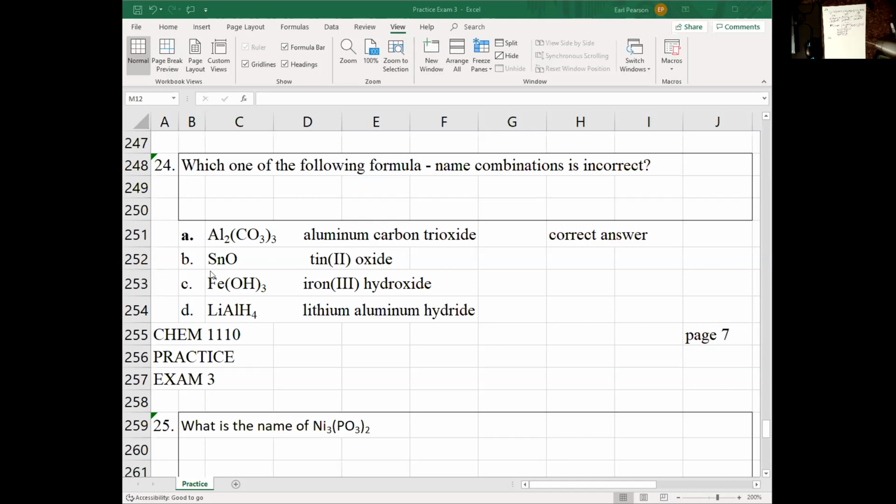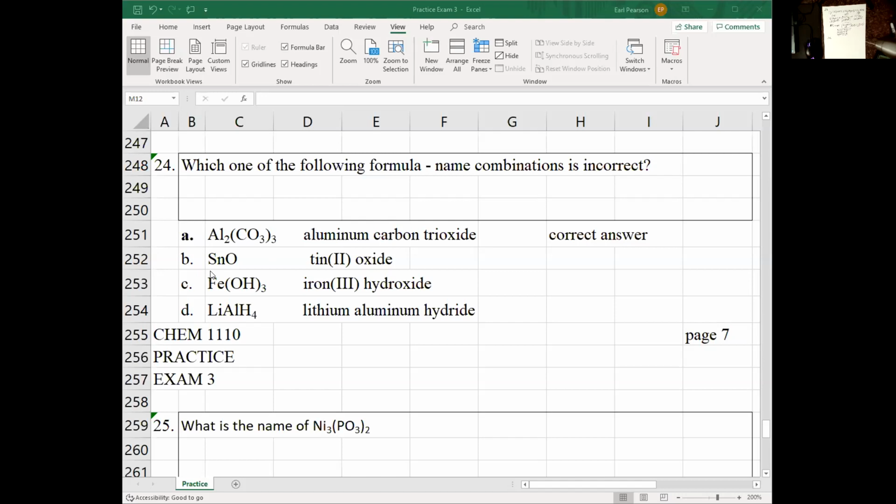Tin in combination with oxygen. Oxygen is -2. That means tin is +2. So the correct name is tin(II) oxide. That is correct. The third one is a hydroxide, and hydroxide is -1. There are 3 of them, so the iron is +3. So this is iron(III) hydroxide. That's correct.